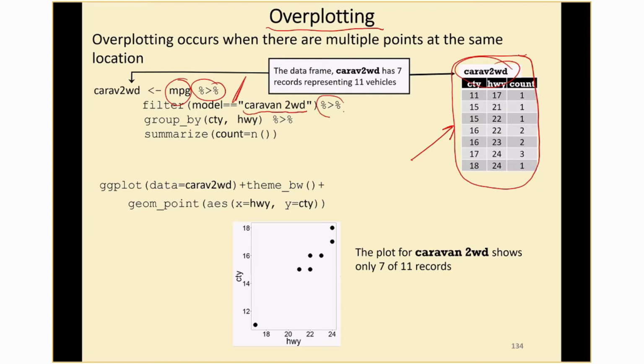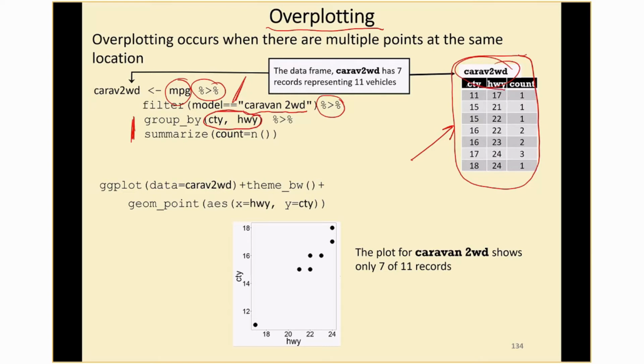We continue on with our piping operator, and then we do group by and summarize. As always, when we do group by and summarize, we're compressing the data frame. How many records are we going to have? We'll have one record for each unique combination of city and highway mileage.